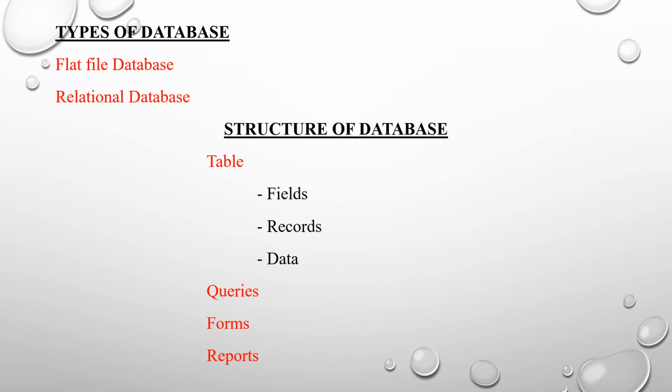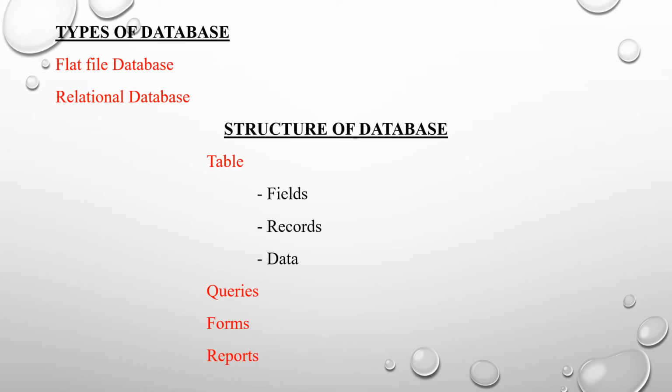Tables are the building blocks of the database. They store complete data in a structured manner. It means they form rows and columns. Every table has a finite number of columns and rows.